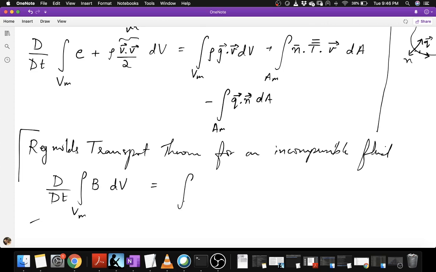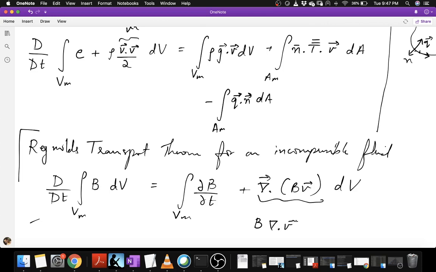Remember, this is equal to, from our earlier work, the partial derivative of b with time plus the divergence of b times the velocity u, velocity v, over the volume. But now this term can be expanded out as b times the divergence of the velocity plus v dotted with the gradient of the quantity b.